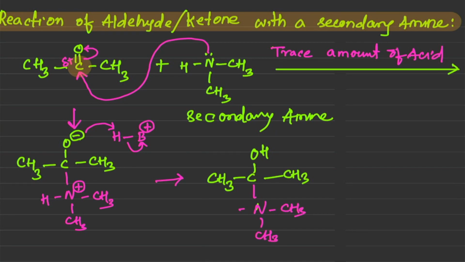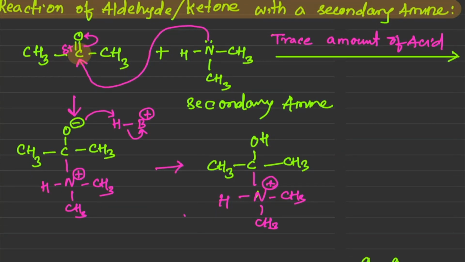And every time you see a positive charge, let's neutralize it. The base we just released, whatever can abstract a proton, that's your B. It will immediately abstract the proton to get neutralized.